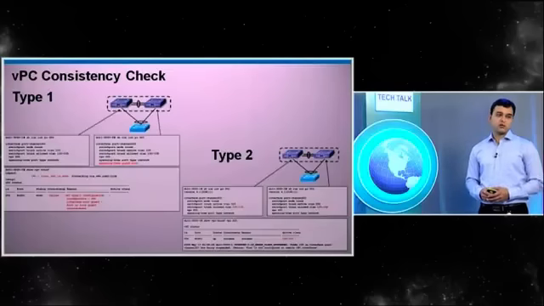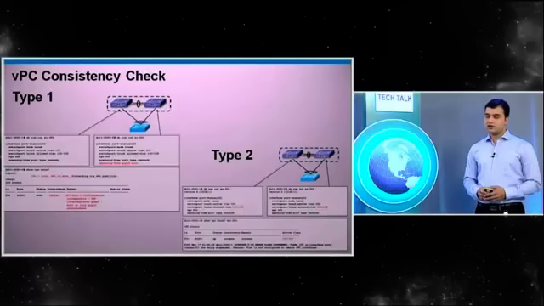While we are talking about the VPC consistency check, I also want to talk about a command which was introduced again in NX-OS 5.0(2), which is config sync. What this command does is simplify the VPC operation by synchronizing the configuration between the primary VPC peer and the secondary VPC peer.